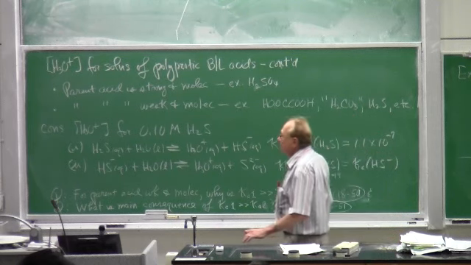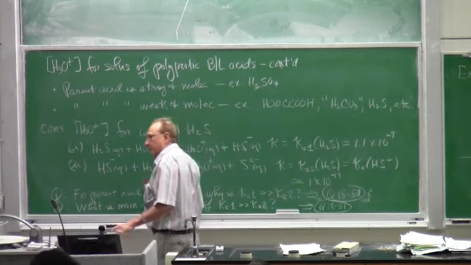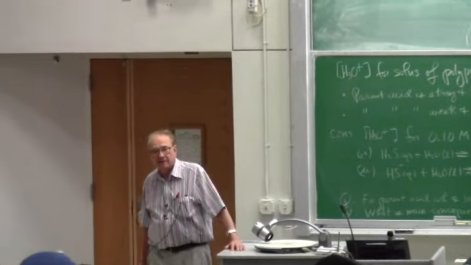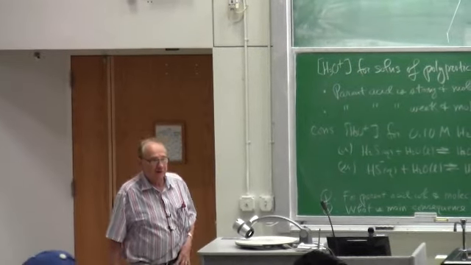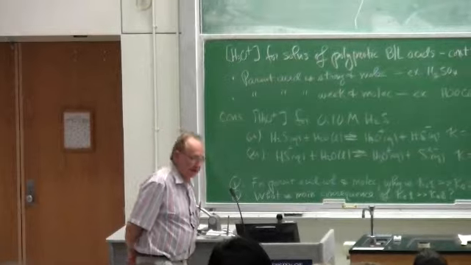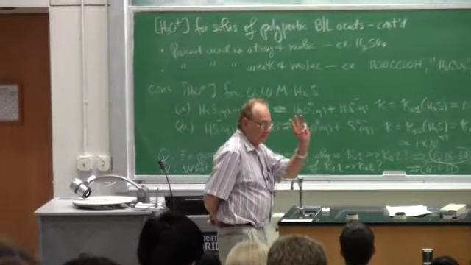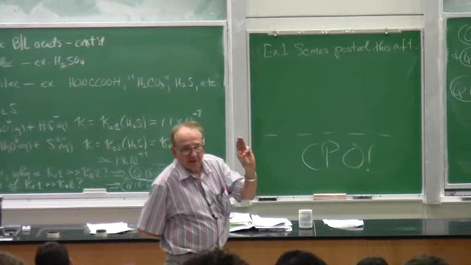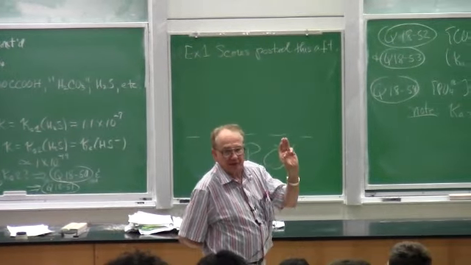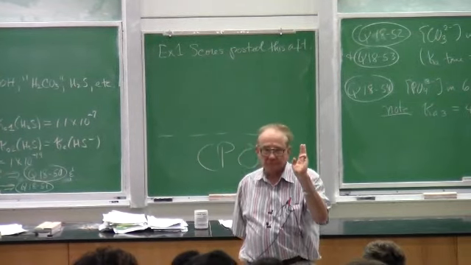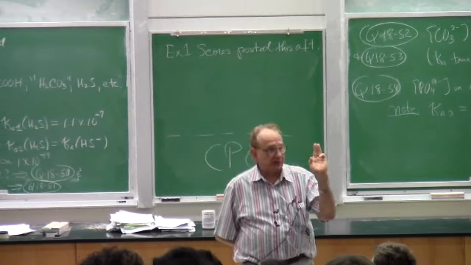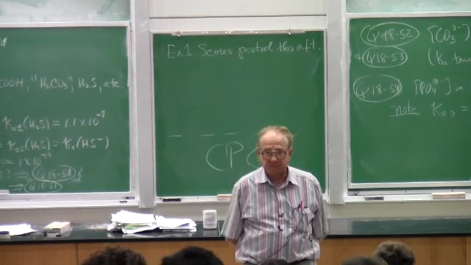Now we continue with considerations regarding determination of hydronium ion concentration for water solutions of polyprotic Bronsted-Lowry acids. 3 categories. The parent acid is molecular and strong. We looked at this on Wednesday, using the most common example of such, which is sulfuric acid molecule.